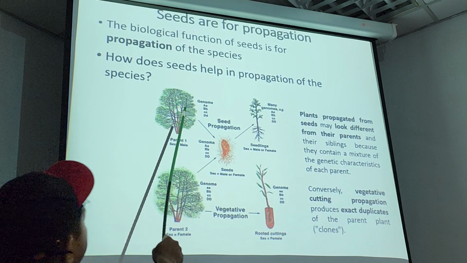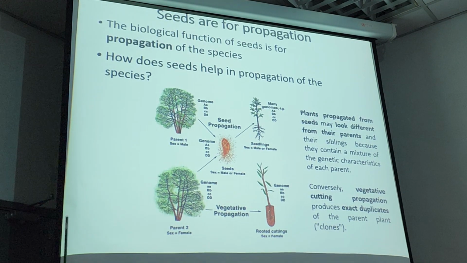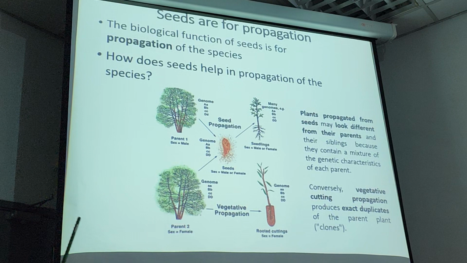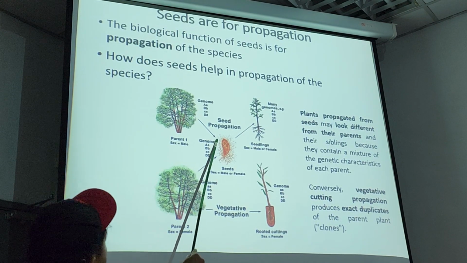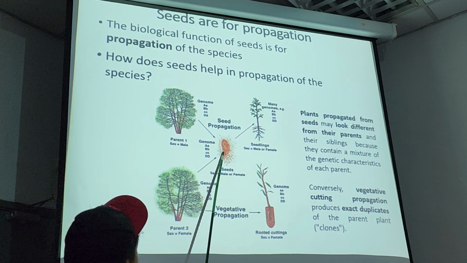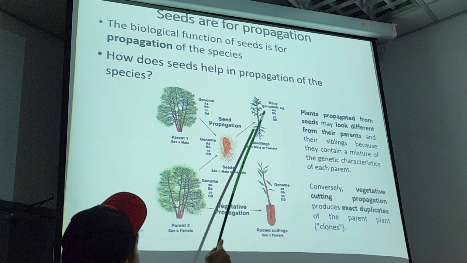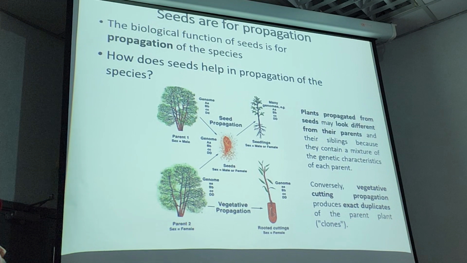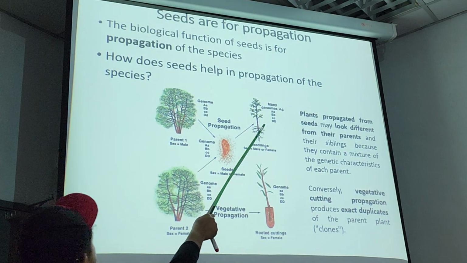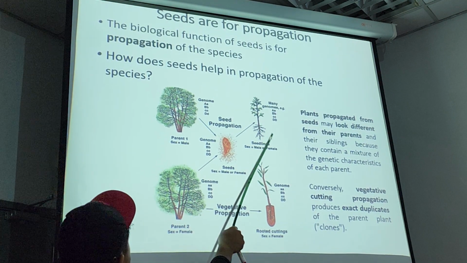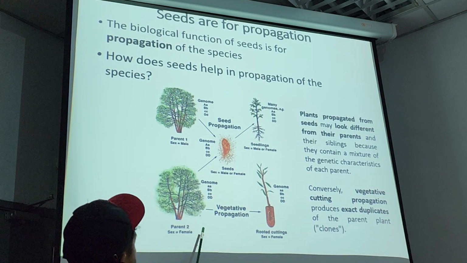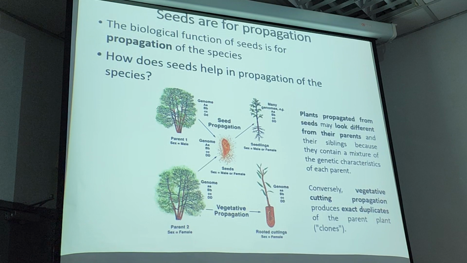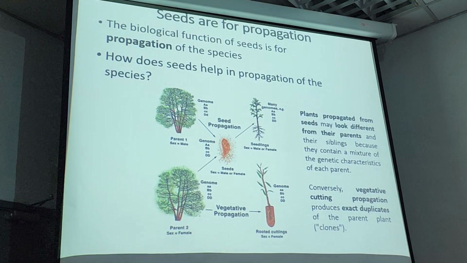When they exchange genetic material, fertilization and so on, the resulting baby is going to have this new set of genome that might look identical to parent 1, but definitely not identical to parent 2. So what good does it do?